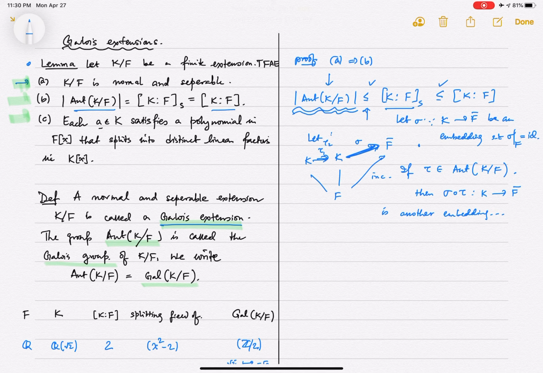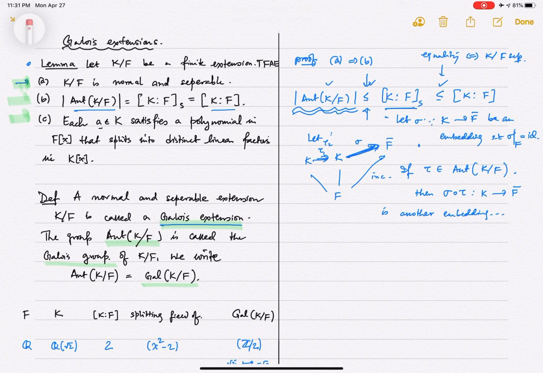And now, why this equality? This equality holds if and only if k over f is separable. And here I claim equality holds if and only if k over f is normal, meaning a splitting field extension, because then you also know that any embedding is actually an automorphism.